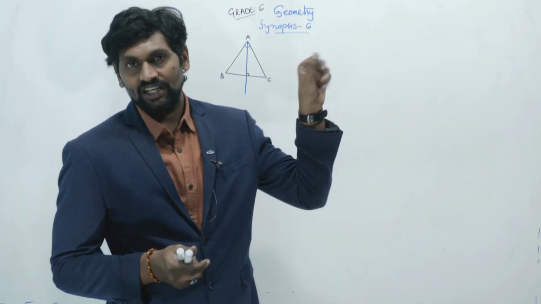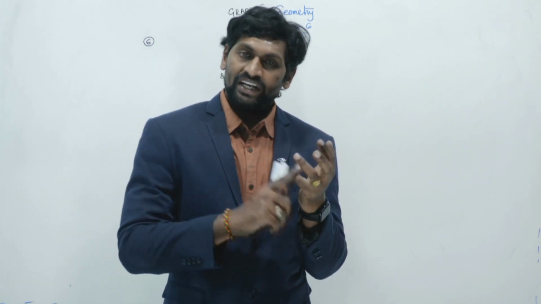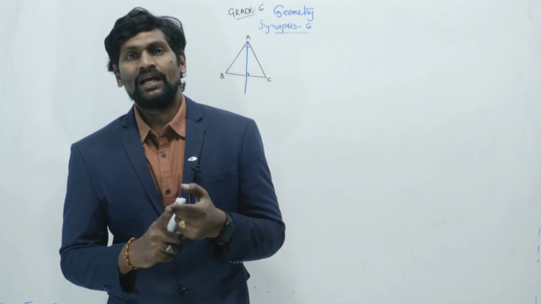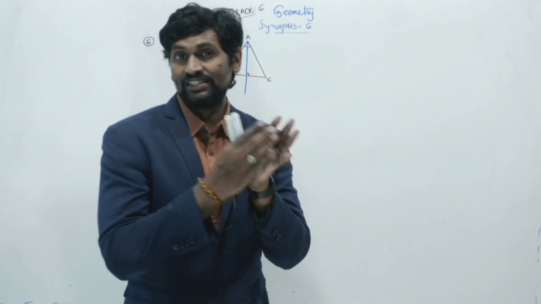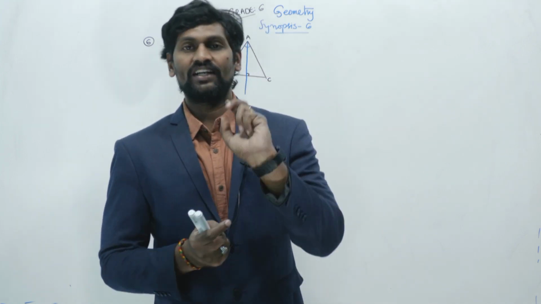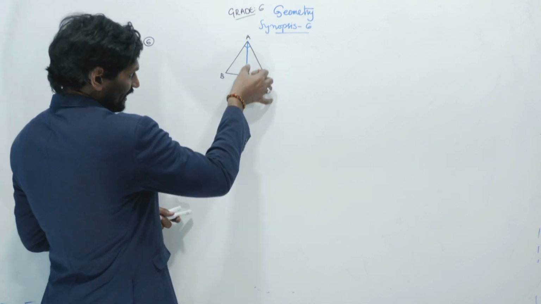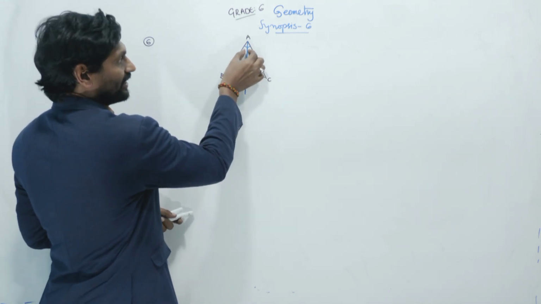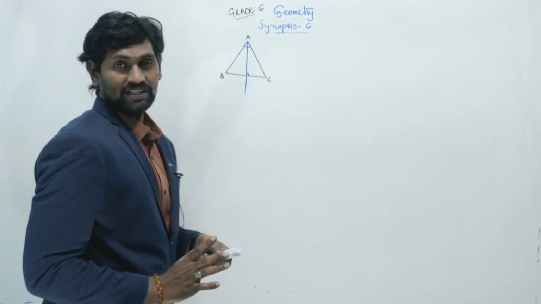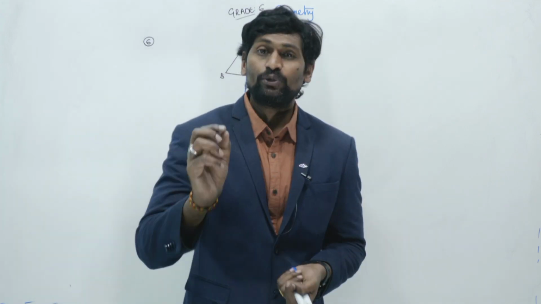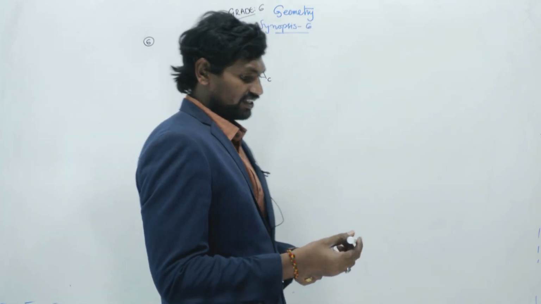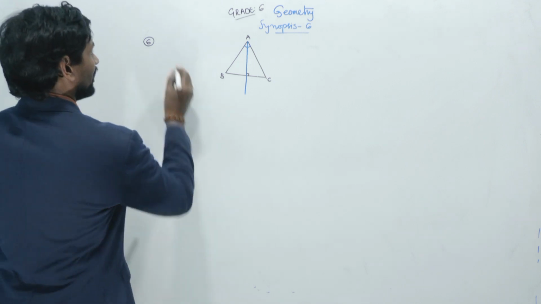That is the property of an equilateral triangle. So as you are observing here, if the angular bisector is perpendicular to the base, then it can be an equilateral triangle.